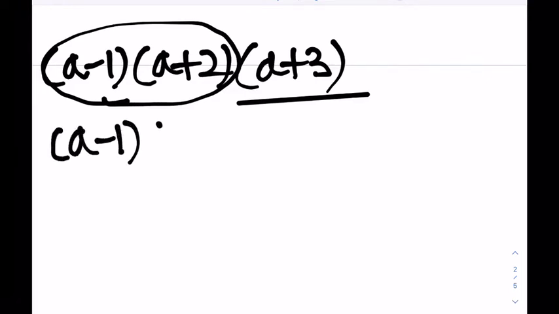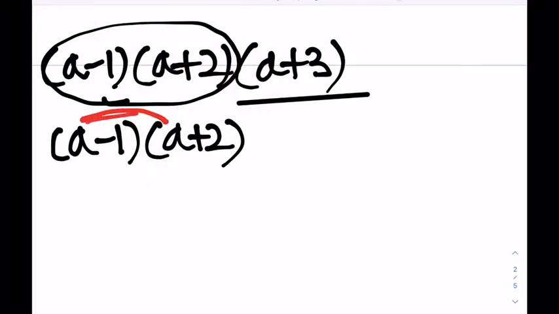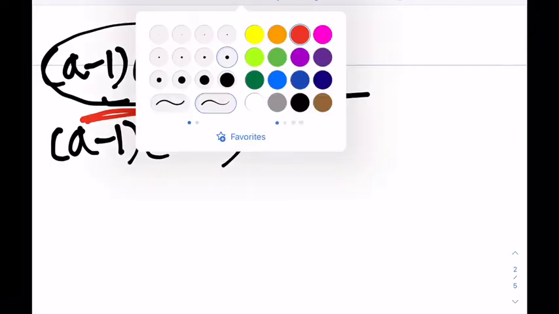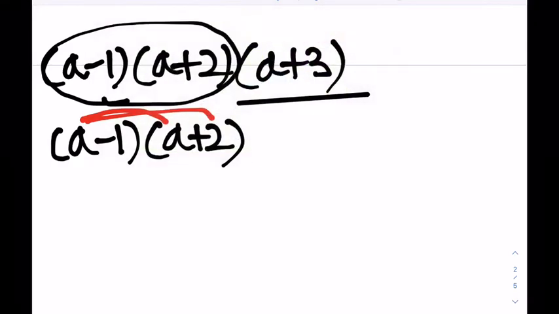Let's just look at this first. Now, remember that we have to distribute a to a and then a to 2. And then we also have to distribute -1 to a and then -1 to 2.